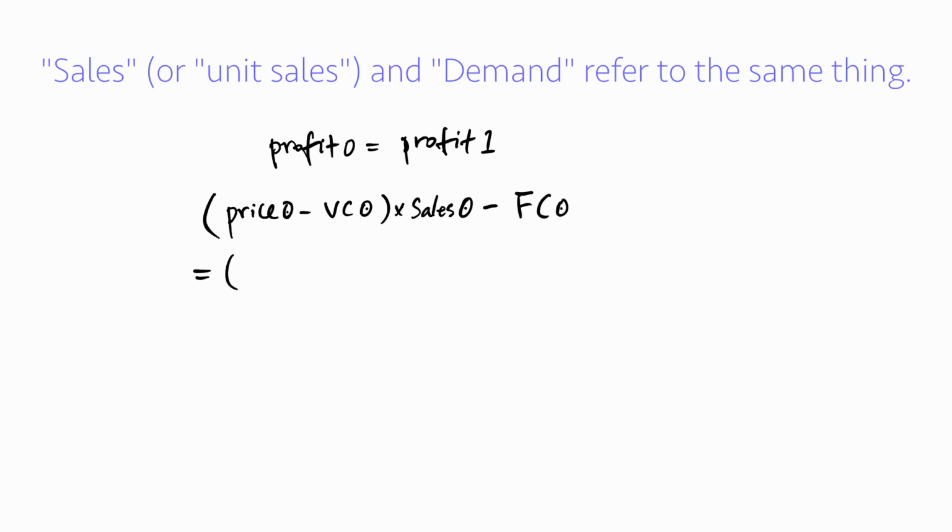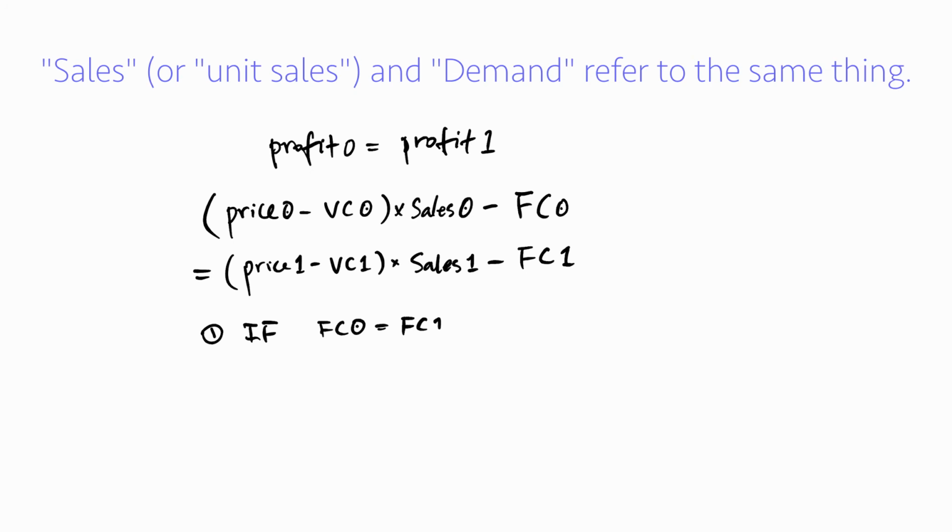Notice that I've put fixed costs here. However, in the examples, I didn't leave fixed costs in. The reason is when fixed cost does not change, they cancel each other out in this equation. You can always leave the same fixed cost in your calculations. It will not make a difference.